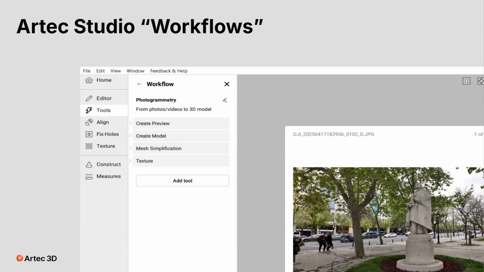If you're new to the software, or if you're training a client who is not yet familiar with photogrammetry, you could just recommend them to import the photos manually and run this simple photogrammetry workflow. It has all the settings predefined, so they will work on most objects. But of course, you could fine tune the options for each of the steps if you wish as well.